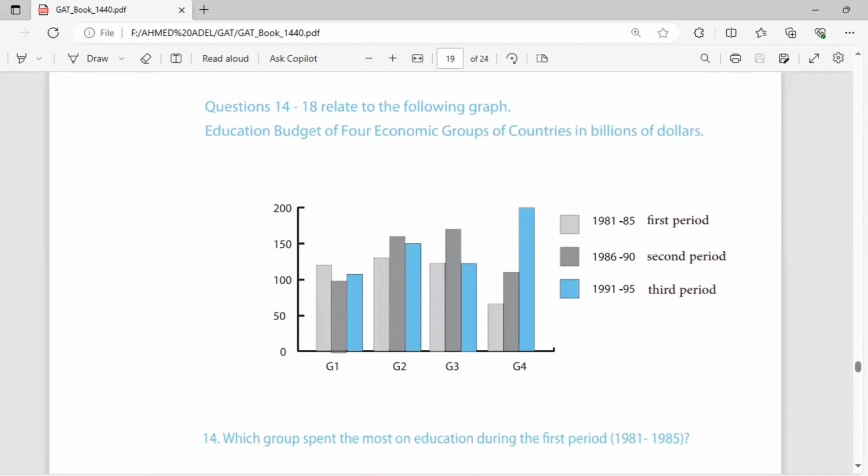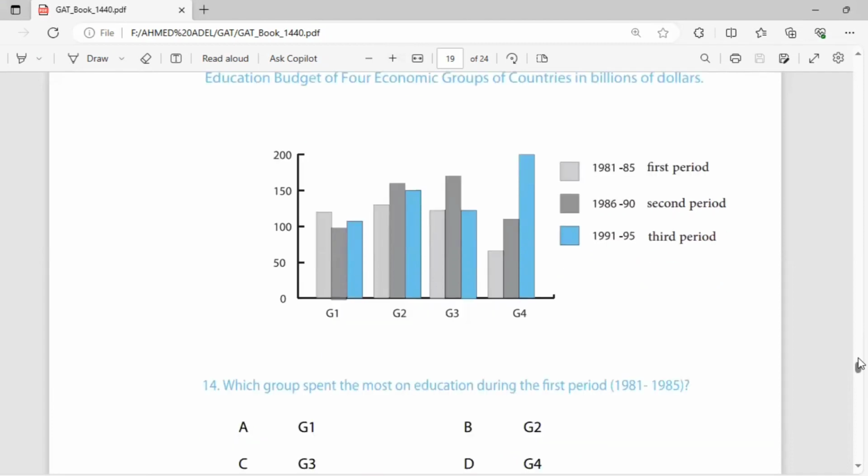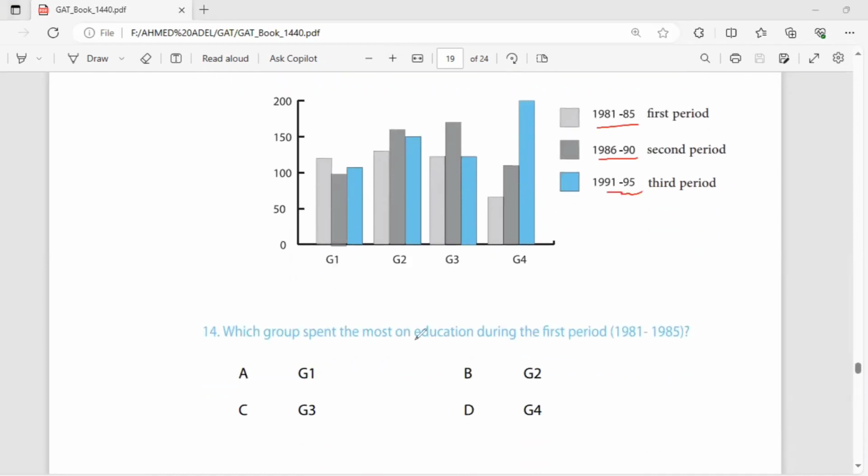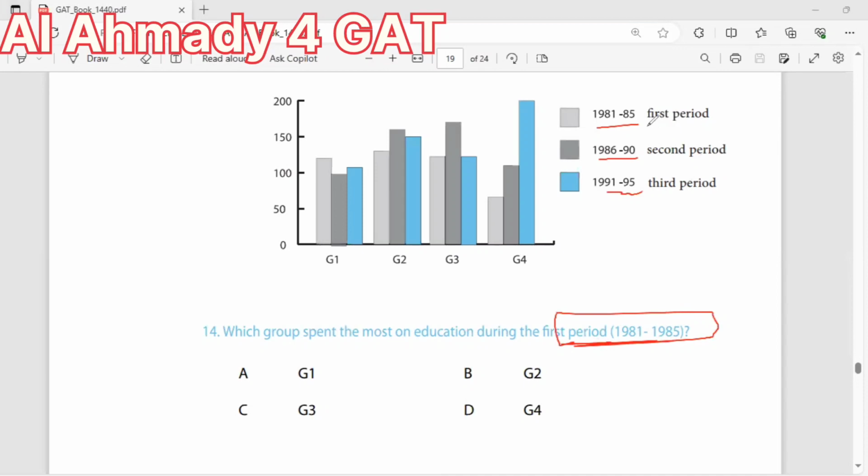Numbers 14 to 18 relate to the following graph: education budget of 4 economic groups of countries in $1 billion. Which group spent the most on education during the first period, from 1981 to 1985? Look at the first period, distinguished by the color gray, the first column.